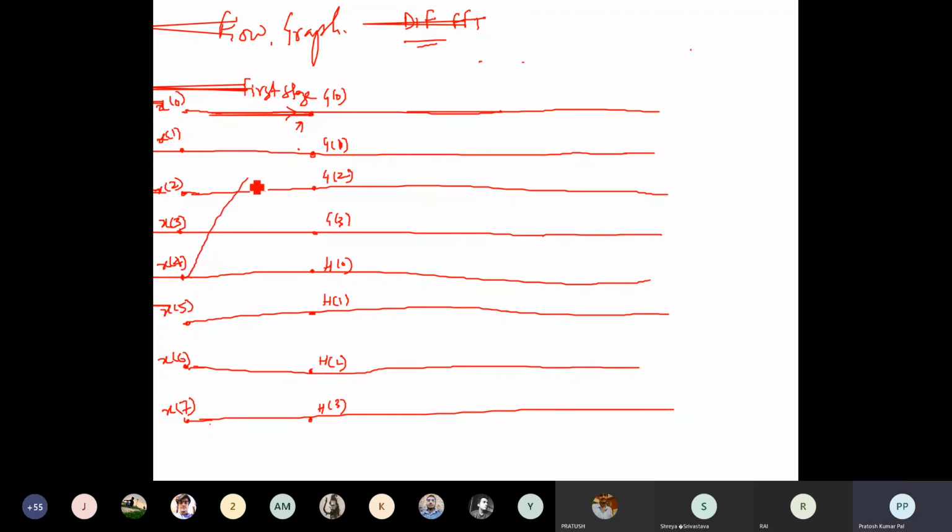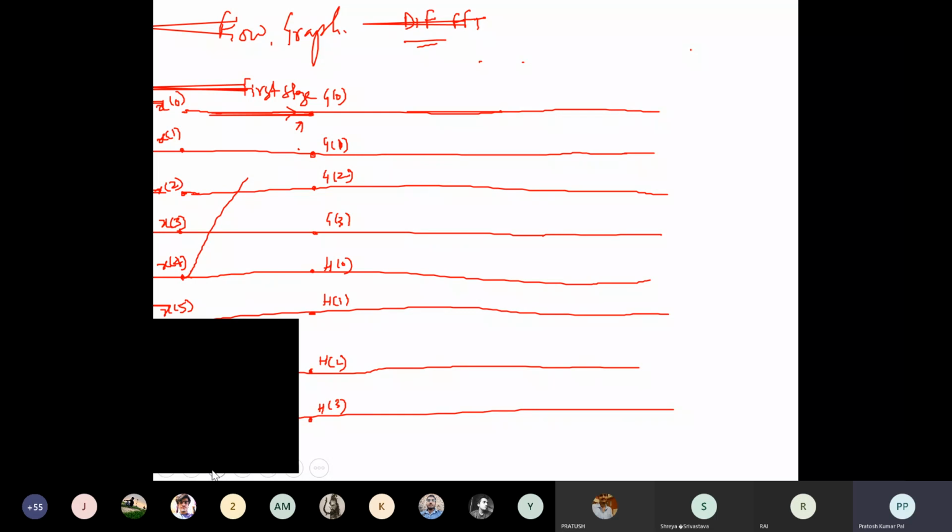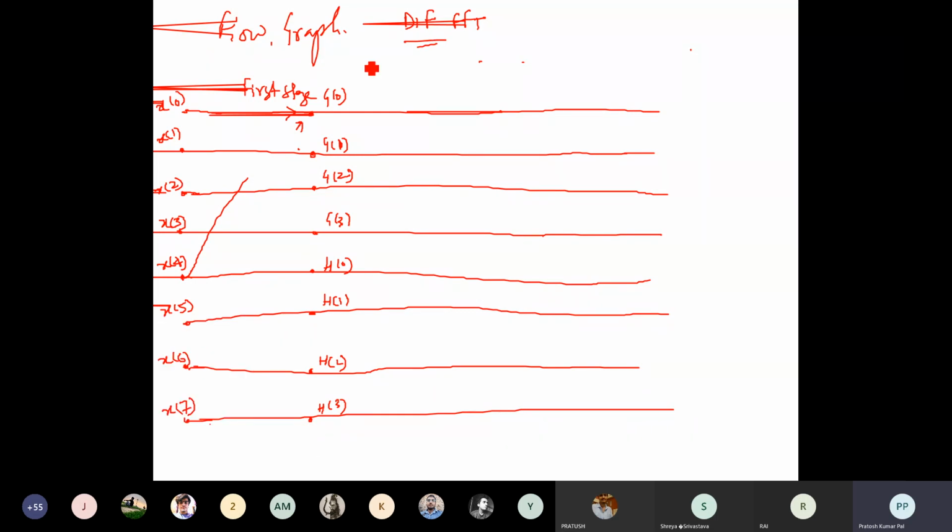So x of 4 will be... okay. And then x of 5 will be added with the... this x of 1 will be added with the x of 5.